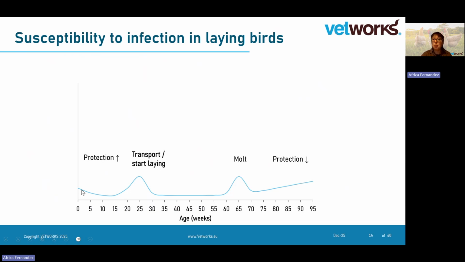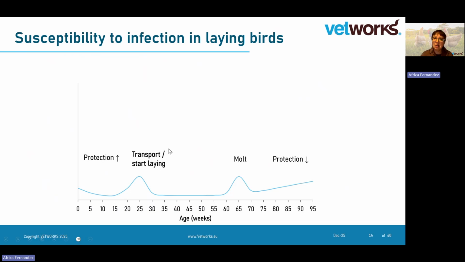At the beginning, they will be very susceptible because there is no microbiota that could compete, and they are also quite stressed. Then the susceptibility decreases because of vaccinations and because the immune system is more mature.